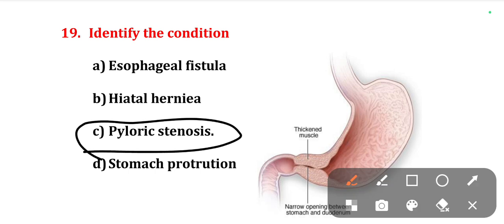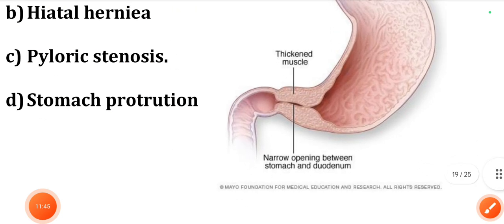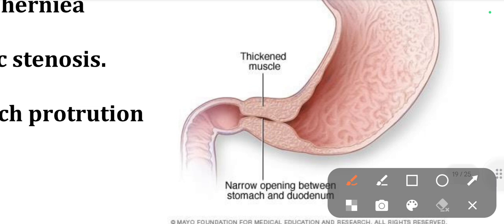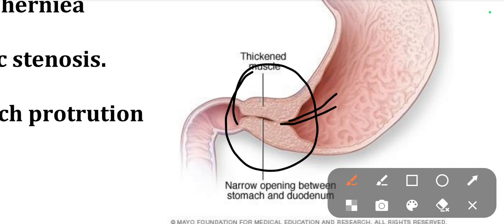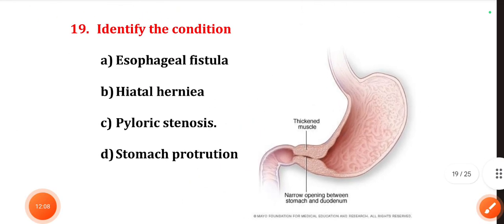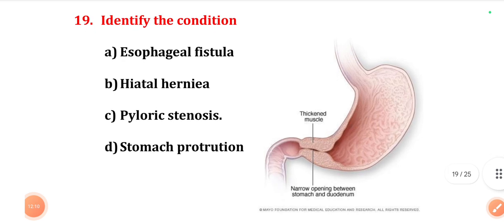Pyloric stenosis is nothing but the pyloric sphincter is stenosed. It means the sphincter is coming together and it obstructs the food particles present in the stomach. It will prevent the entry into the duodenum. So this condition is known as pyloric stenosis. The pyloric antrum is present at the end of the stomach.